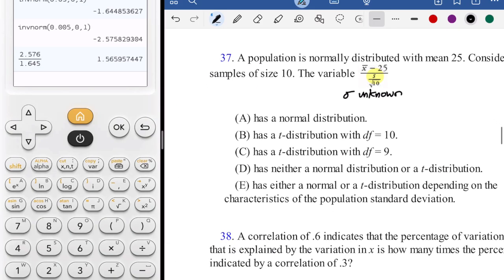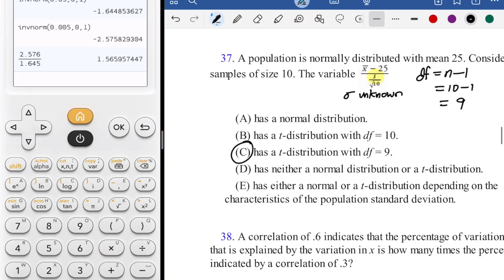So in addition to being a smaller sample size, we have an unknown sigma. So then I'm looking at a T distribution. Degrees of freedom in this type of distribution is n minus 1. 10 minus 1 will give me a 9. So that's going to be choice C.